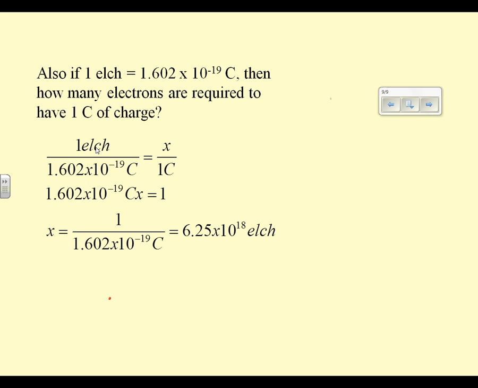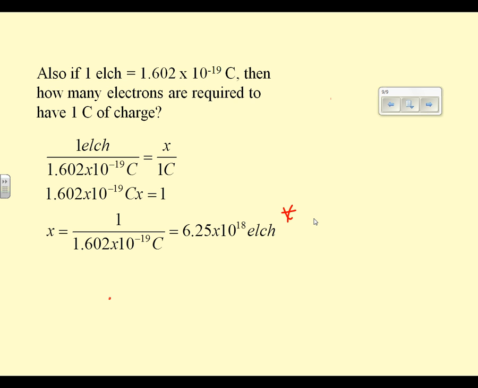So, if 1 elementary charge is 1.602 times 10 to the minus 19 coulombs, how many elementary charges is 1 coulomb? So we're going to cross multiply there. We're going to get 1.602 times 10 to the minus 19 times x. We're going to take 1 times 1, and you end up dividing by 1.602, and you get this other magic number right there.